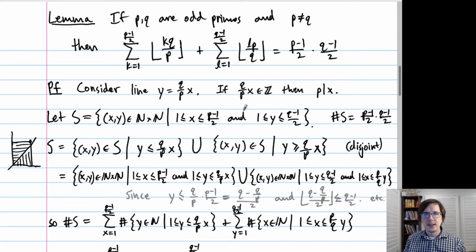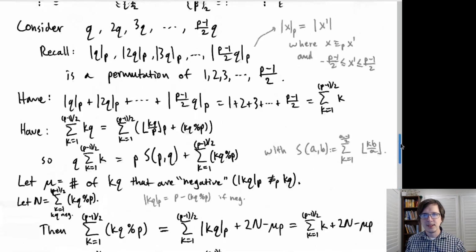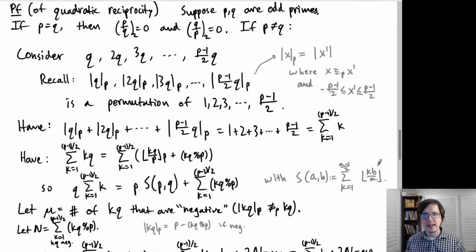The way this video will go is that we're going to go through a lemma that gives a result we need right at the end. Then we'll go through the proof of quadratic reciprocity, which actually isn't that long, but does feel a little random.